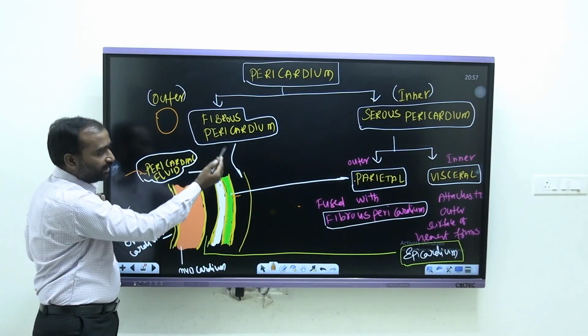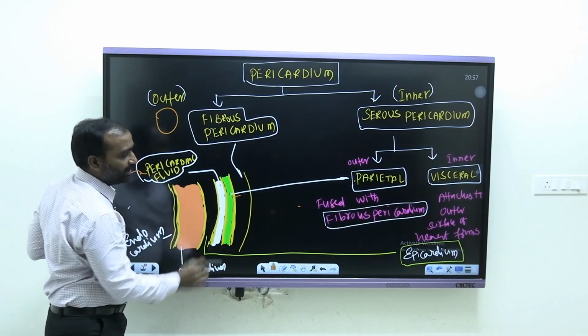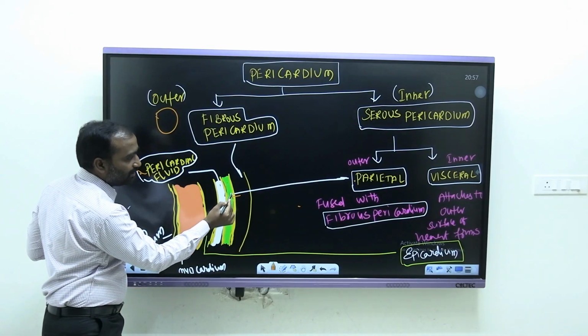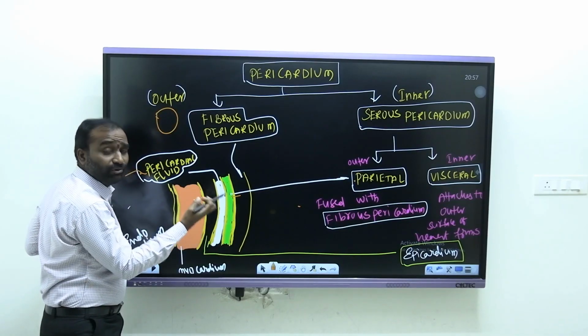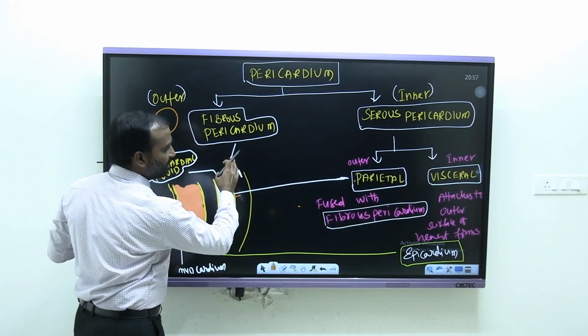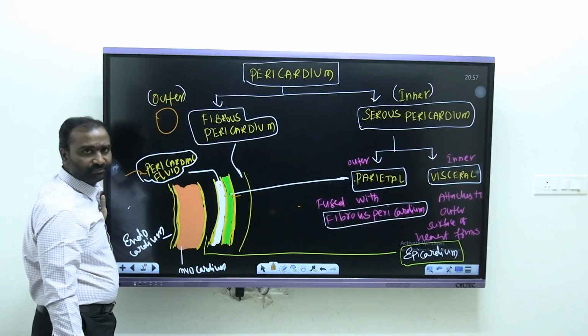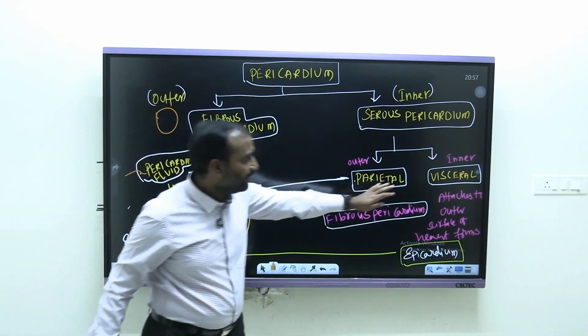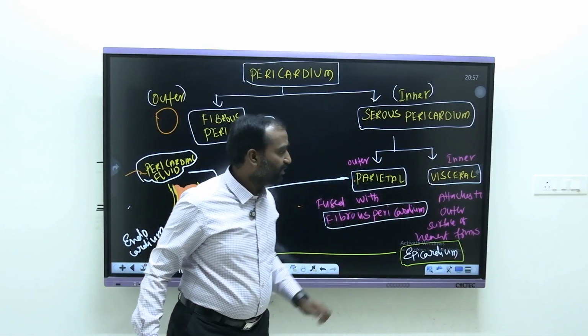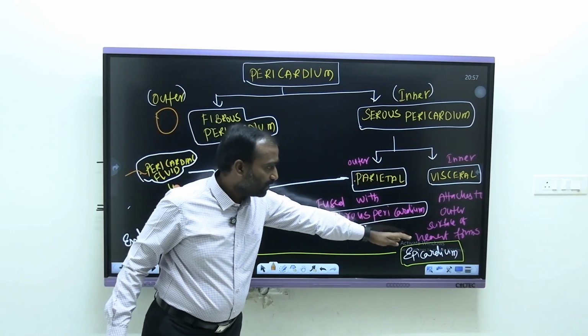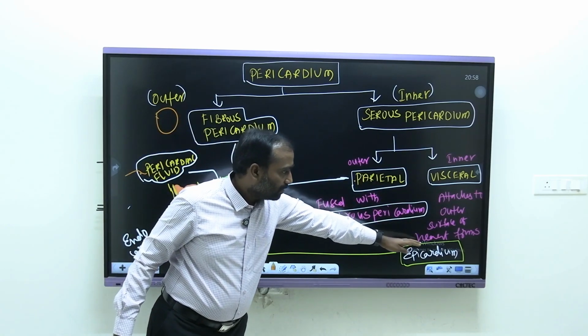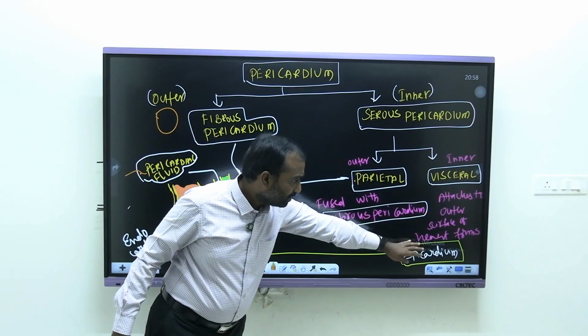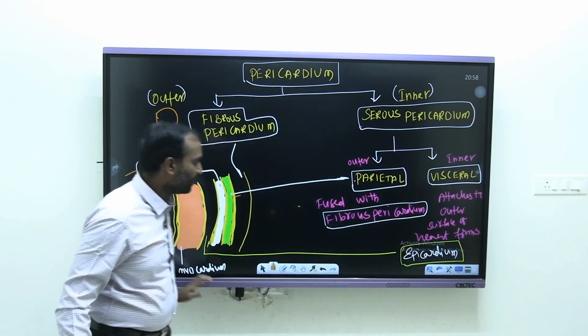This is fibrous pericardium, and here it is what? Parietal pericardium. So this is attaching or fusing with the fibrous pericardium. What is that? Parietal. And next one is what? Inner one is what? Visceral, which attaches to the surface of the heart, forming the epicardium.